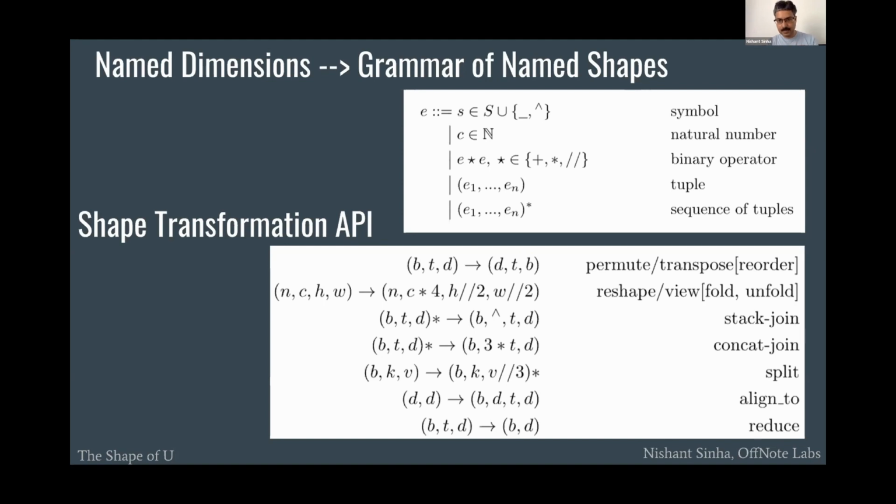I might need to explain. For example, BTD goes to BD, the lowermost row. This is a reduction operation where you get rid of the dimension T. Another example is reshape or view, where NCHW goes to C multiplied by 4, and H and W get reduced by 2.